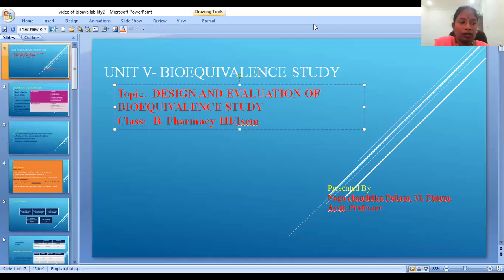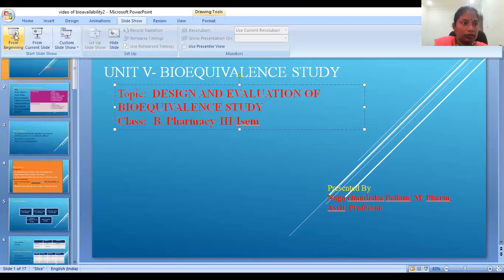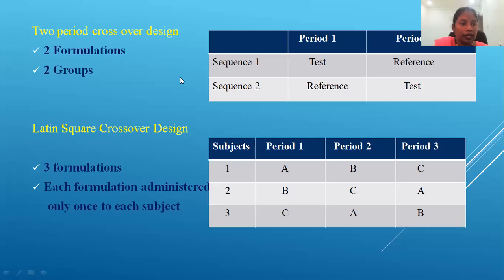In crossover design, what is the crossover design? Crossover design is nothing but minimizing the effect of inter-subject variability in the study by using each subject as his or her own control.